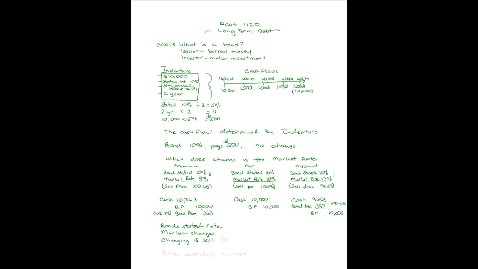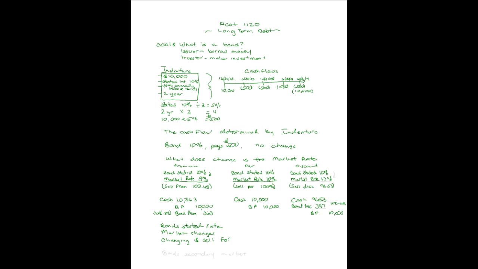We change them by an amount that makes the investor get exactly what the market rate is. In the case of our premium, we had to sell it more so we could change the rate of interest from 10% to 8%. And that was our premium.